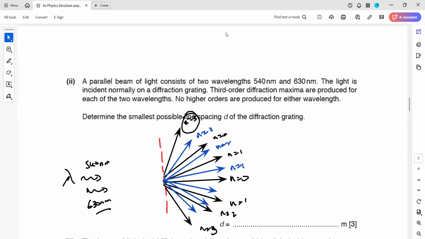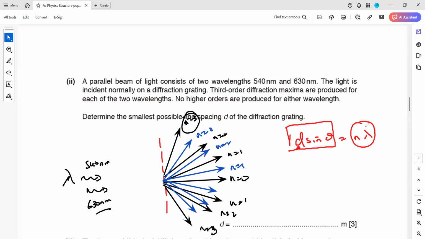Shorter wavelength diffracts less, longer wavelength diffracts more. With a shorter wavelength, we'll have more orders of the image, because you have the formula d sine theta is equal to n lambda. What is the relation if d sine theta is constant, because the angle is 90 and the spacing is constant, between n and wavelength?